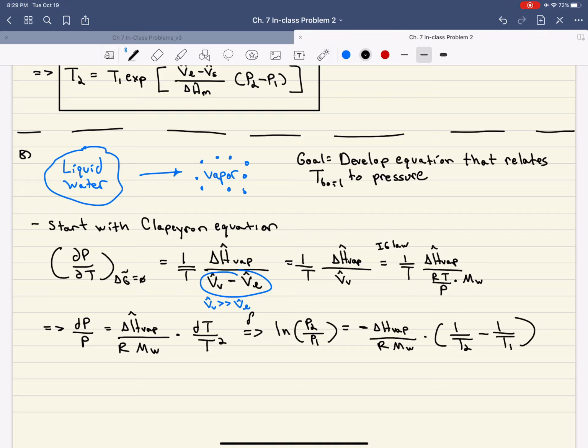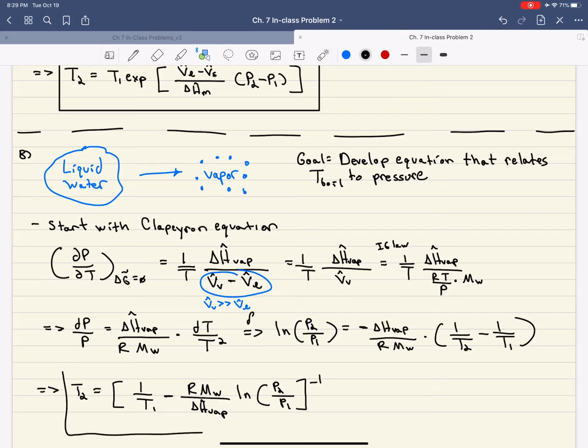From here, we could just rearrange, and we get that T2 is equal to the inverse of 1 over T1 minus R times molecular weight divided by HVAP times the natural log of P2 over P1. So it's just straightforward algebra and a little bit of calculus in order to develop the equation for part B.